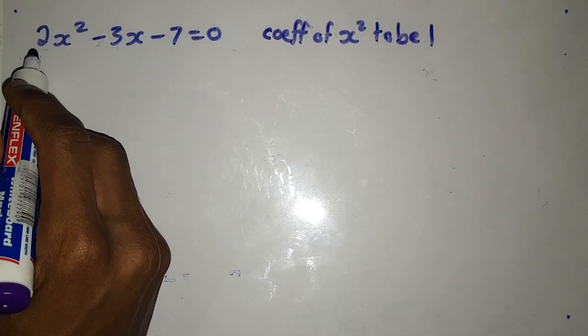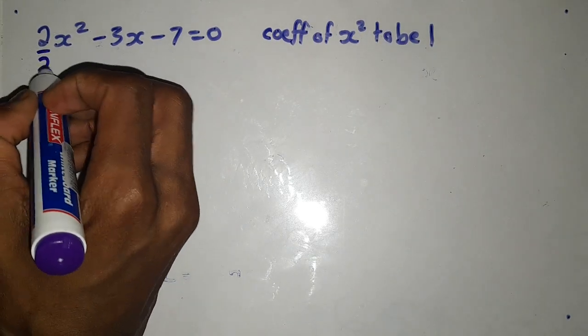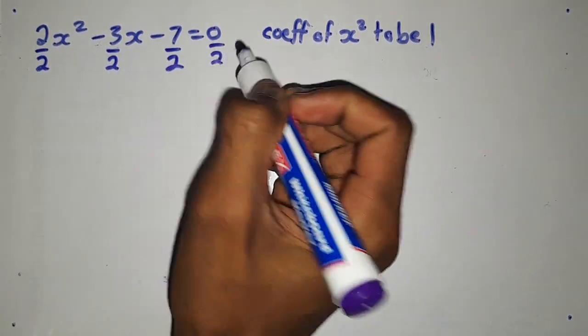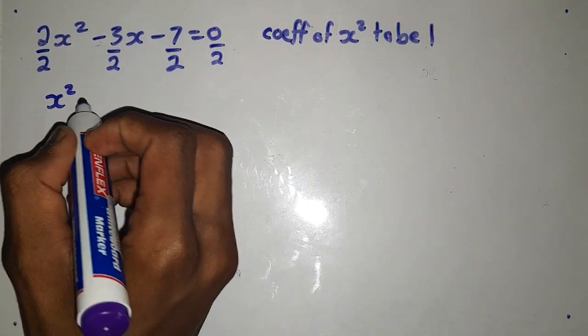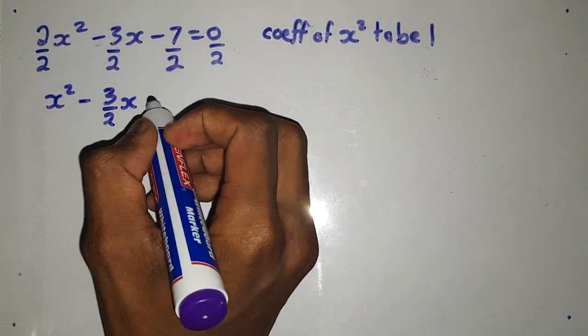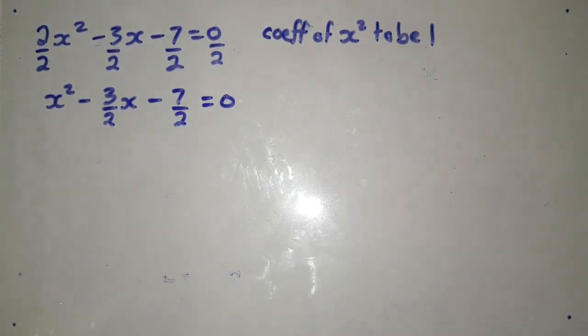For now it is 2. For us to make this coefficient 1, we need to divide everything by 2. Then we are going to get 1. There's no need for us to write 1. This side we are going to get x squared minus 3 over 2 x minus 7 over 2 equals 0.